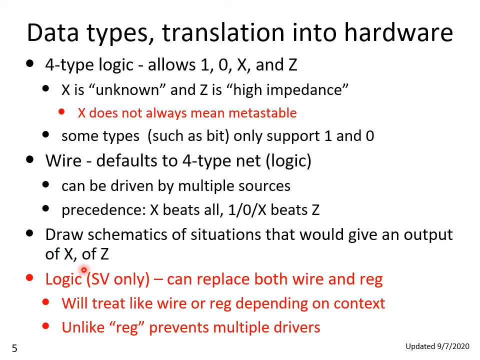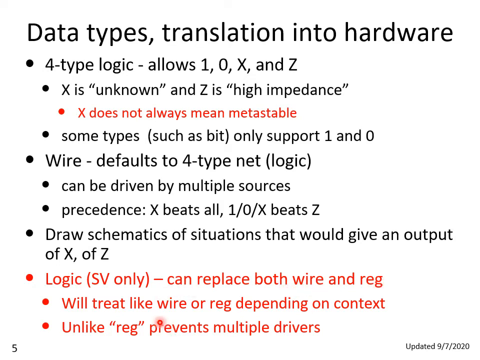Final bullet here is to point out there is another data type that's not in Verilog, but it is in SystemVerilog, and that is the logic type. And really, you can declare all of your signals as logic, and then never declare anything as wire or reg.